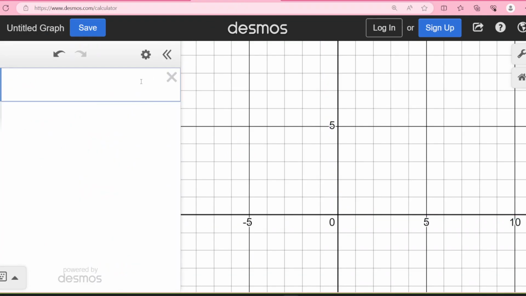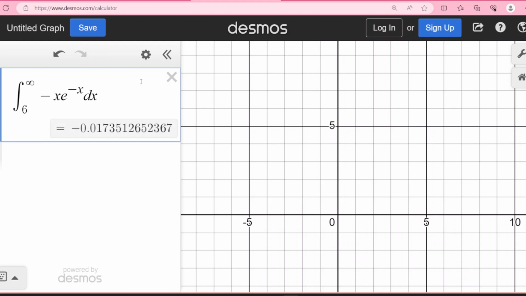All right, so we had the integral, this time from 6 to, and I'll type in the upper limit as infinity, of negative x times e to the negative x power dx. And we're getting negative 0 point, a finite value. All right, looks like it's convergent to this finite value here. And hopefully that's the same value as what we stated, right?